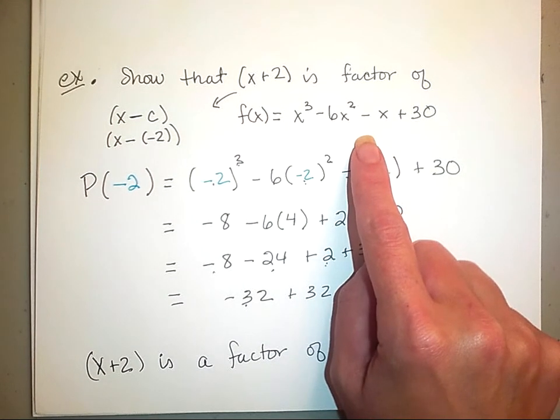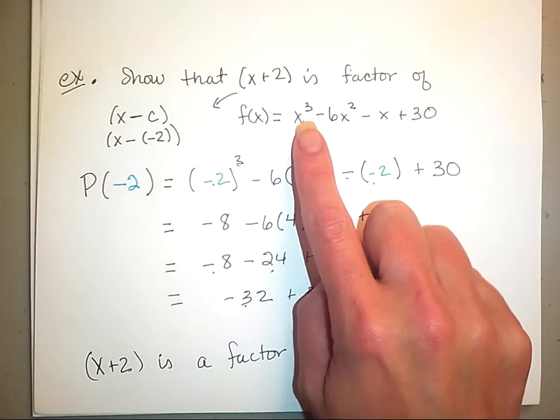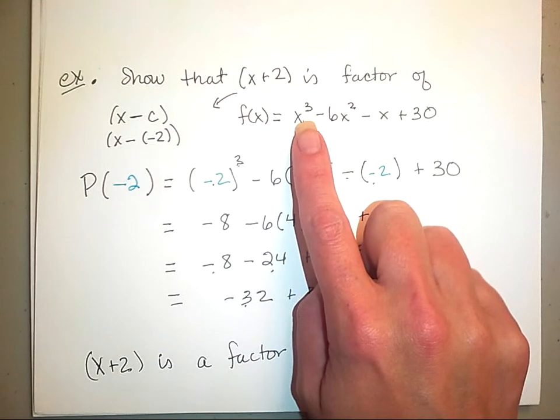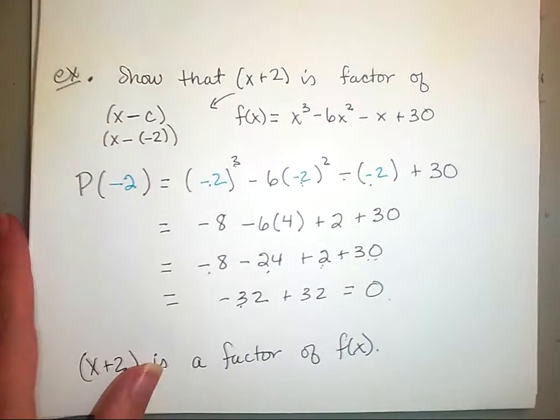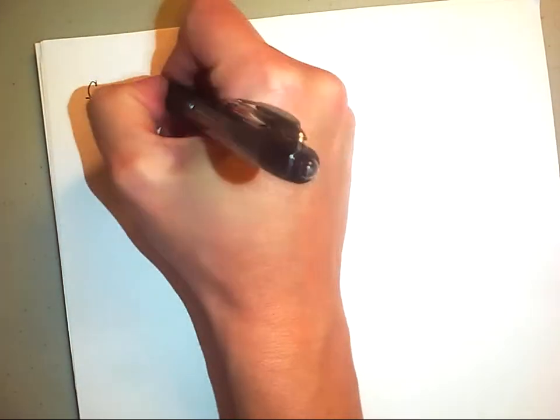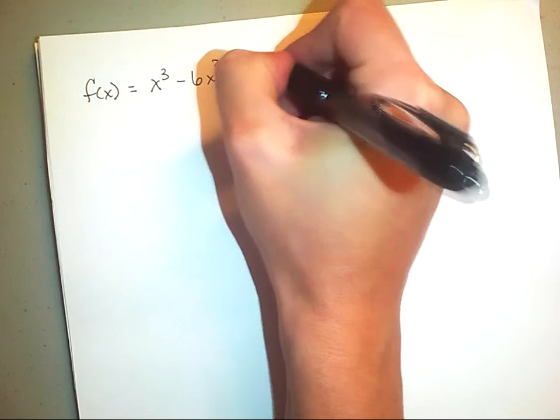But this is a third degree polynomial, okay, so that means I should have 3 zeros to this equation. So let's try and solve that and see what happens. Okay, so we're going to solve f of x equal to x cubed minus 6x squared minus x plus 30. Where does that equal 0?